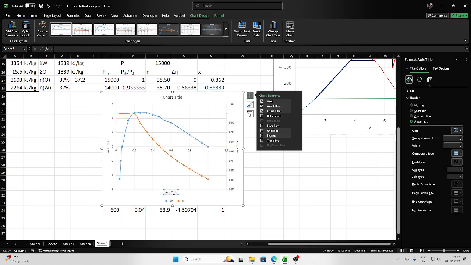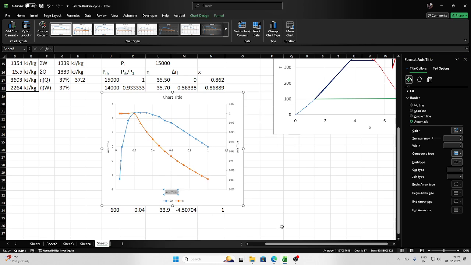This particular value is nothing but P reheat divided by P1. This particular axis is telling you about the change in efficiency, the delta eta, and this particular one is telling you about the dryness fraction.